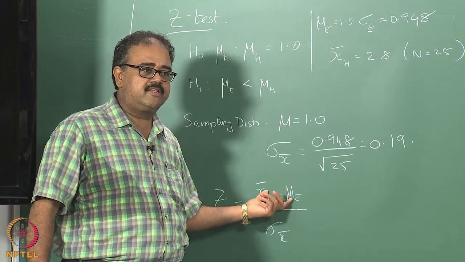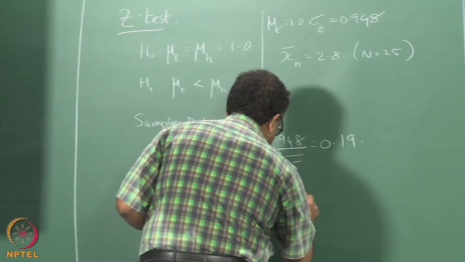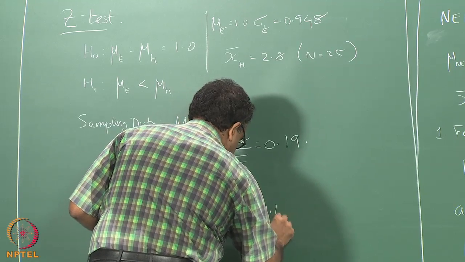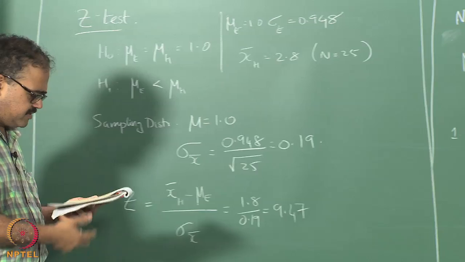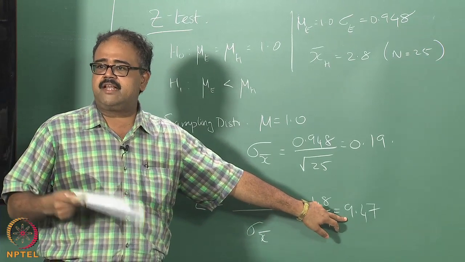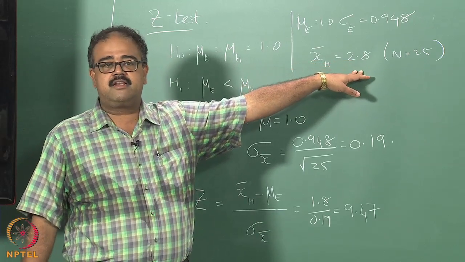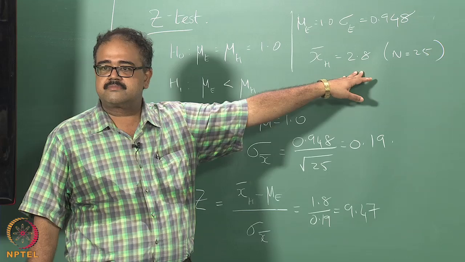So this gives me the unit variance, that gives me the 0 mean, right. So it is 9.47. So essentially what it says is this value is 9.47 standard deviations above my mean, right.